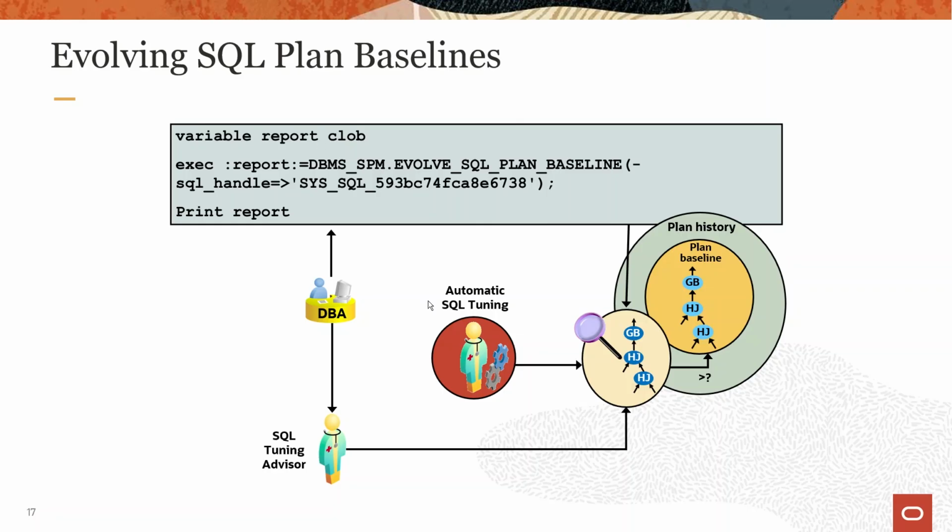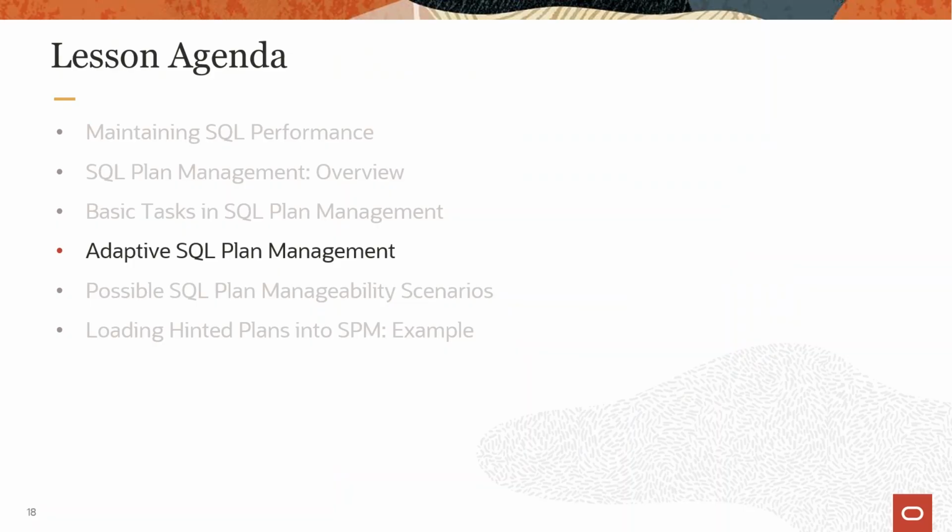You can also launch the SQL Tuning Advisor yourself, or rely on the automatic run of the SQL Tuning Advisor, which can give you recommendations on which plans should be set to accepted or not.